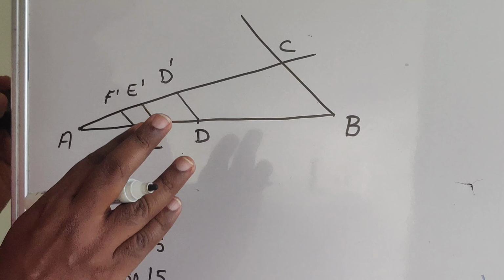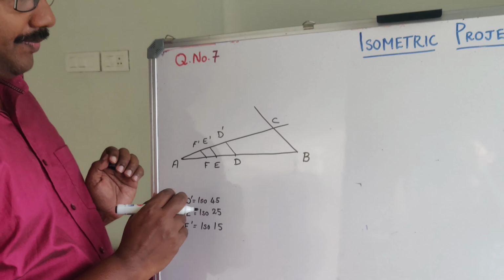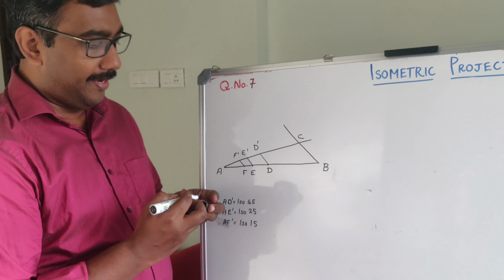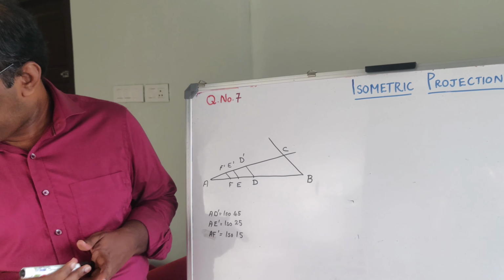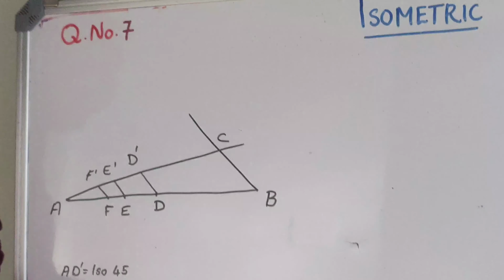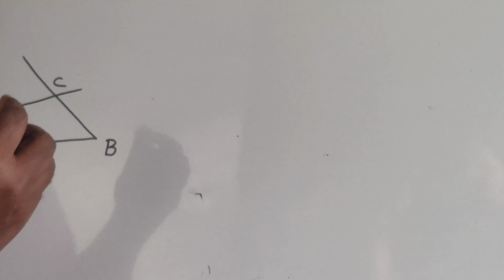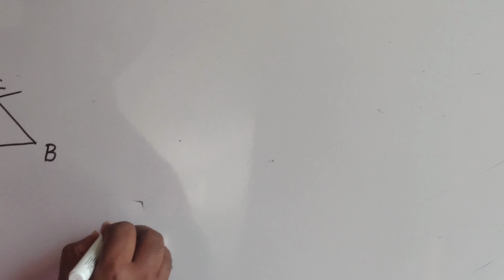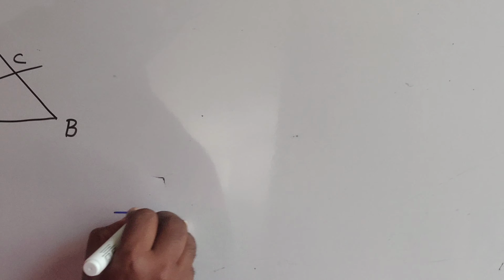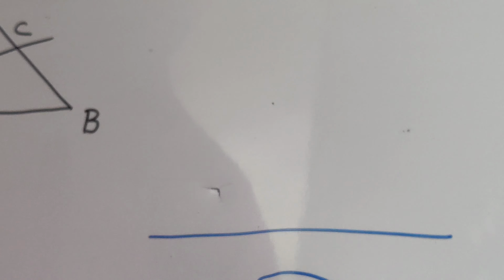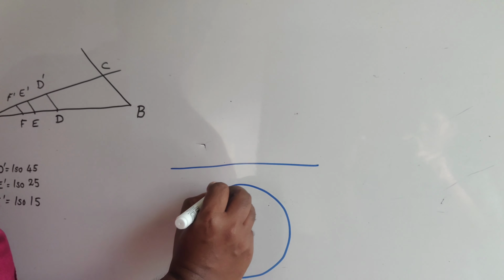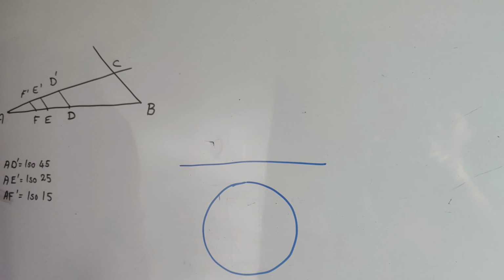Okay, so this is the isometric scale. We know how to construct the isometric scale. After constructing the isometric scale, you can draw the symbol position. Since it is a frustum of a cone, it is very simple to draw. Just draw the circle with diameter 50 or radius 25.